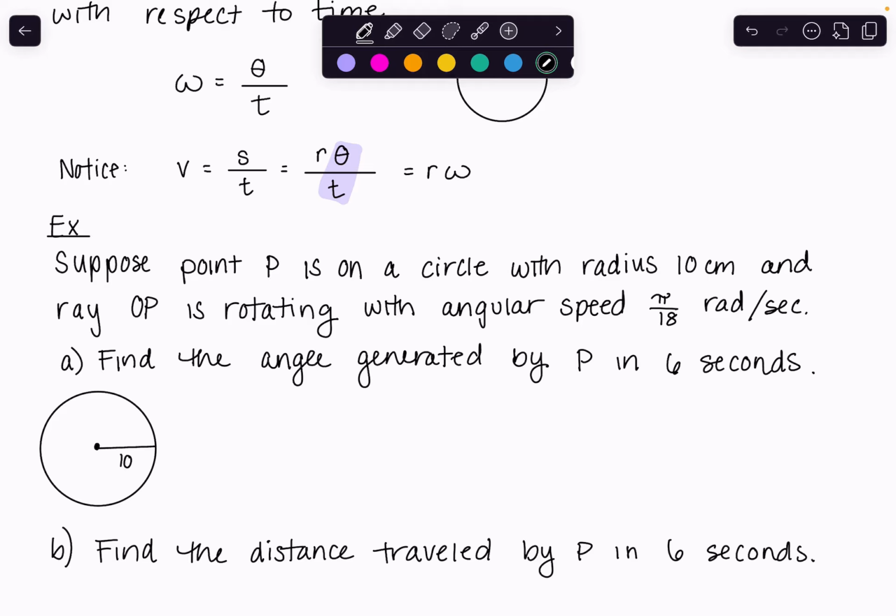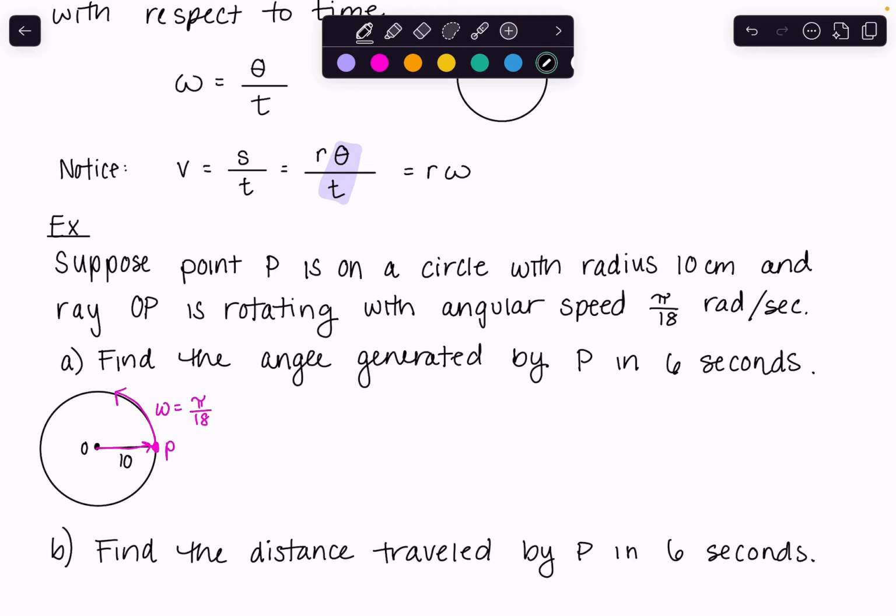We have this point P at the end of it, which is rotating around in this direction, and that creates a ray. O is just the starting point in that center. So it is rotating around at a rate omega, which is going to be pi over 18 radians per second. Okay, so that's how this ray is moving.